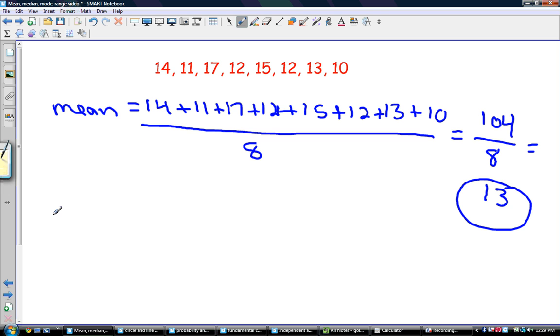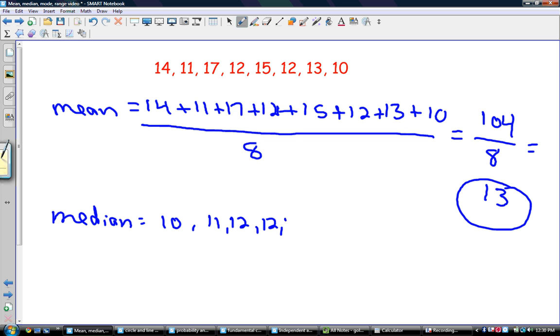We'll do median next. If I want to find the median, remember the most important thing was to get them in order first. So when I look at these numbers up here, the smallest one's going to be 10. So start with that. Next is going to be 11. Then I have two 12s.